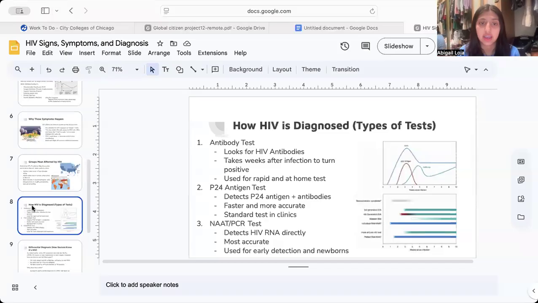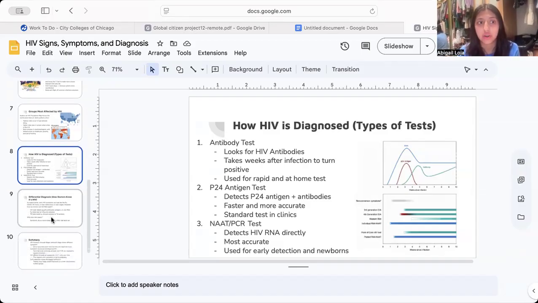Lastly, there's the NAAT/PCR test. It detects HIV RNA directly. It is the most accurate and it is used for early detection and newborns. So there's not really any cons to that. And then to the right, you'll see a graph comparing those three tests.